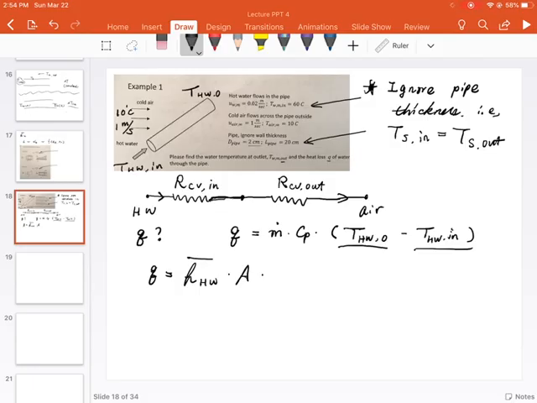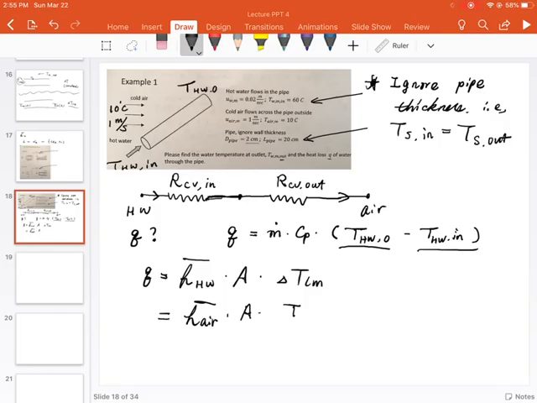Since it is internal flow, it is the log mean temperature difference. And then this would equal h of the air times the surface area, and then times the temperature difference, that is the surface temperature minus the air temperature. The air, you can just write T air, or you can say T infinity, it doesn't really matter.